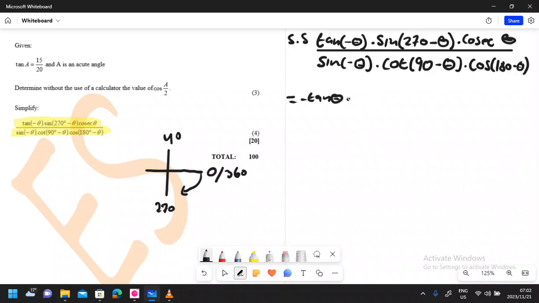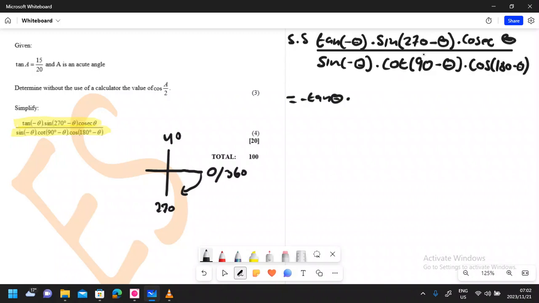Let's go to this one here. Now sine of 270 minus theta. This is the co-ratio rule. Remember, you must go and watch that video. What's the co-ratio of sine? The co-ratio of sine is cos.